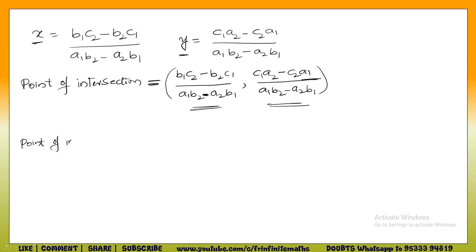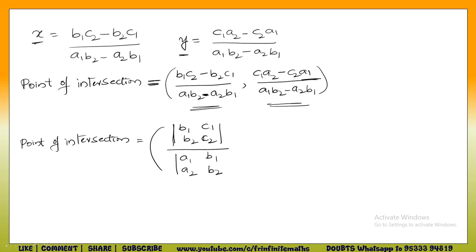Instead of writing this, we can represent it in terms of determinants. The determinant of b1 c1 b2 c2 gives me b1 into c2 minus b2 into c1, divided by the determinant of a1 b1 a2 b2, right?